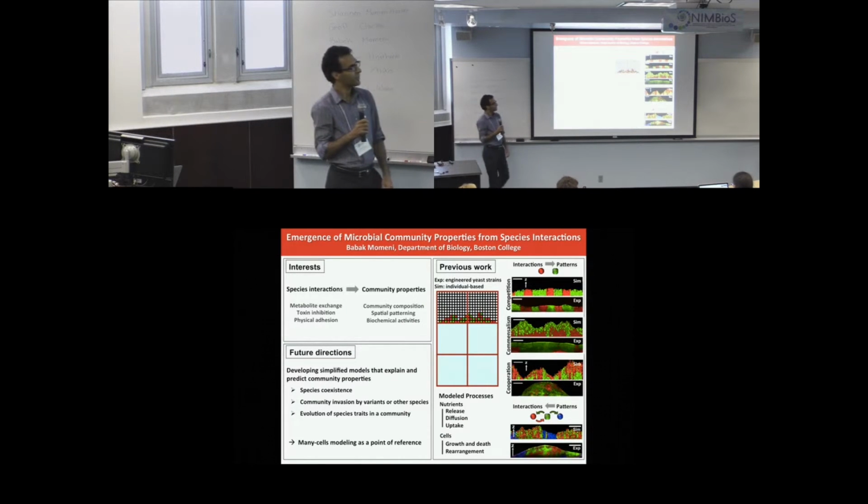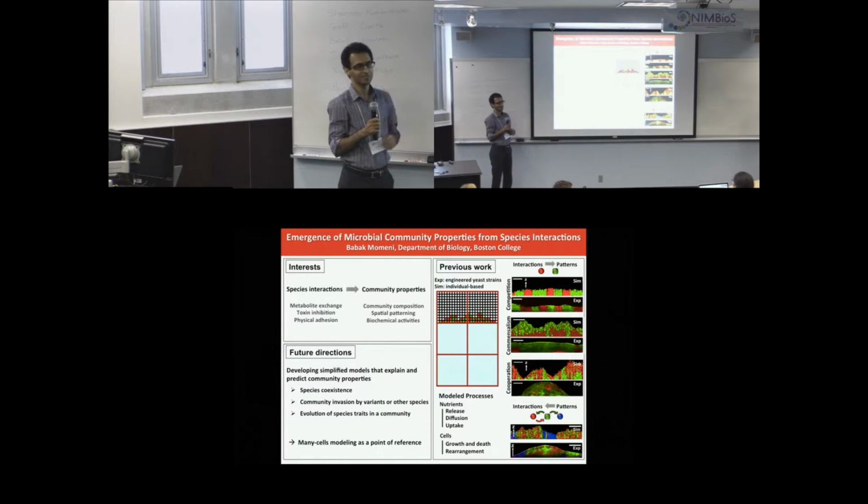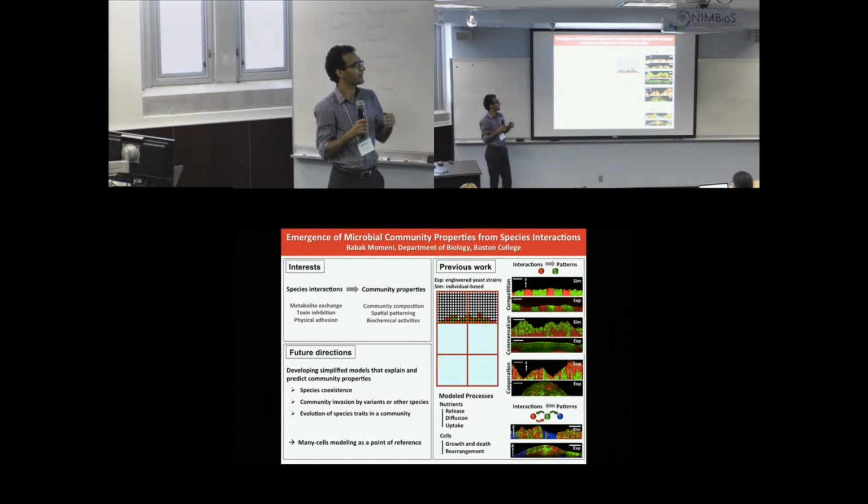Hi everyone, I'm Babak Momeni, and my general interest is in microbial communities and how species interactions such as metabolite exchange in these communities can lead to community properties such as spatial organization of the community or their general biochemical activities.